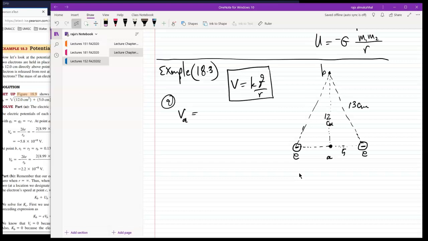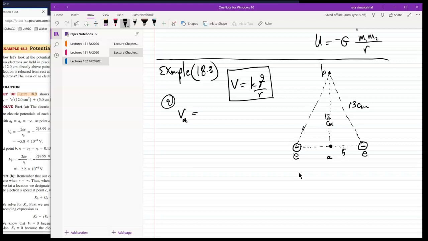For our case, we have two electrons, which means we have two potentials. All you do is simply add them up together. But there is one key feature: you take the sign of the charge into consideration.